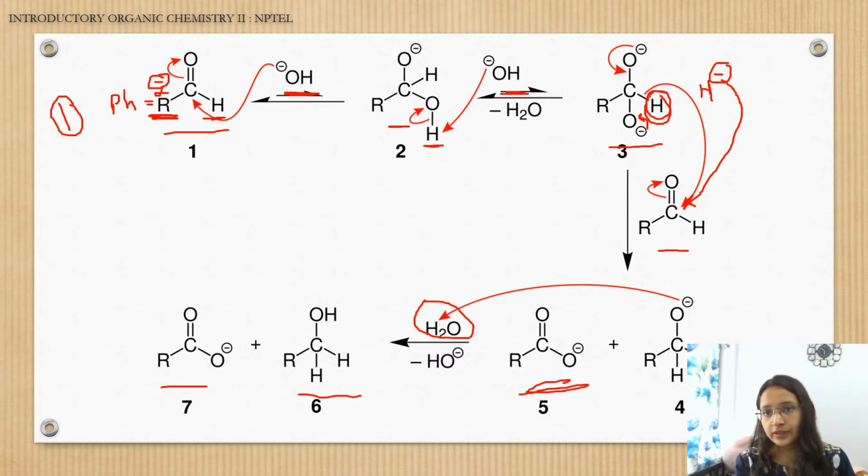Now this hydrogen leaves as a hydride, which again attacks a similar substrate to form a tetrahedral intermediate, and then the acid and alcohol are formed after the proton abstraction. Is this mechanism clear to all of you, or do I have to explain it again? Just tell me, guys. Have you understood how the Cannizzaro reaction works?